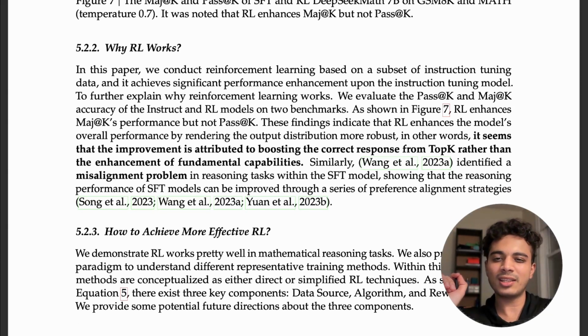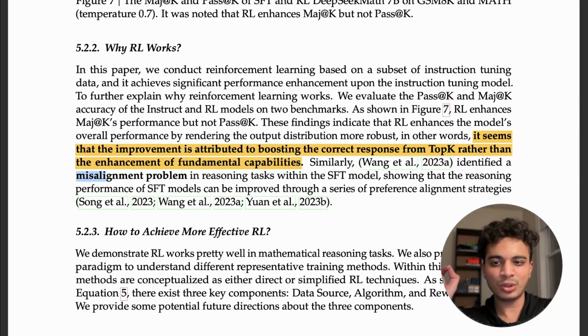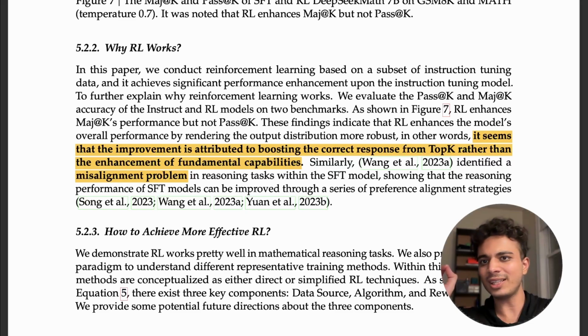It seems that the improvement is attributed to boosting the correct responses from top K rather than the enhancement of fundamental capabilities. So this is something that I find very important. I'll highlight that. And there is some sort of misalignment problem in reasoning tasks using the SFT model. That's also important because this means that SFT models are not perfect and RL models are performing better than SFT. That's what this paper is proving.